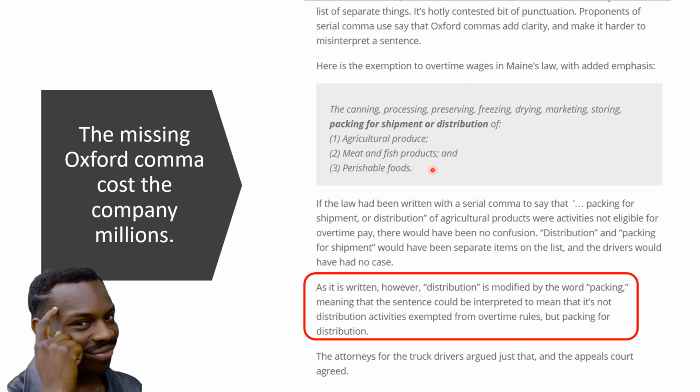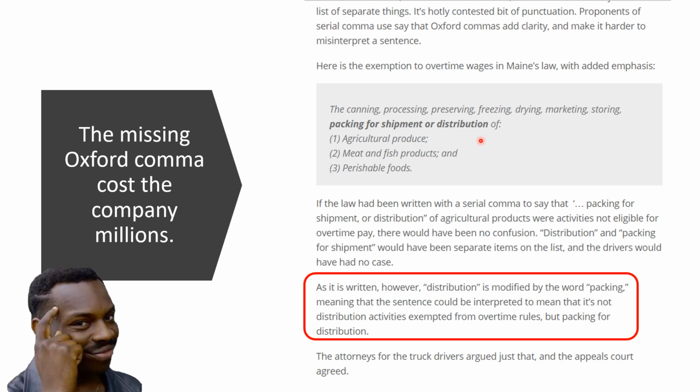Now, the employees of that particular dairy company insisted that they should have been paid because they distributed. What they were pointing out was that they were distributing beyond office hours. So, they should have been paid.